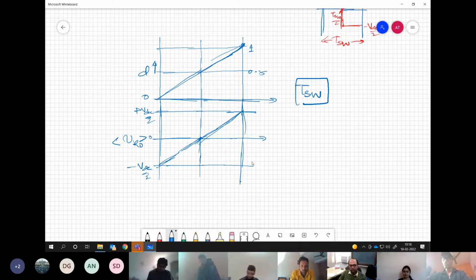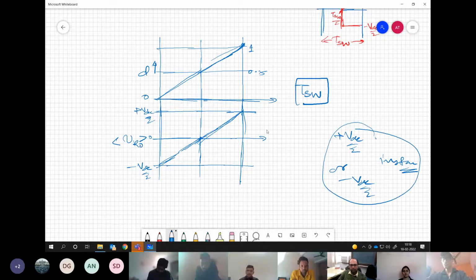Instantaneous values are still plus VDC by 2 or minus VDC by 2. However, on an average, this can be taken as anywhere between minus VDC by 2 to plus VDC by 2. Now, this is the concept we are going to use to realize our next PWM scheme.